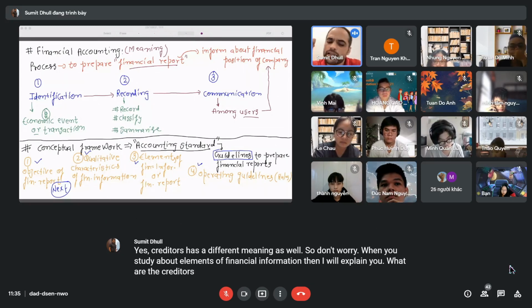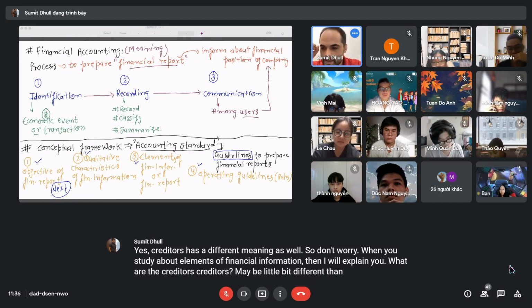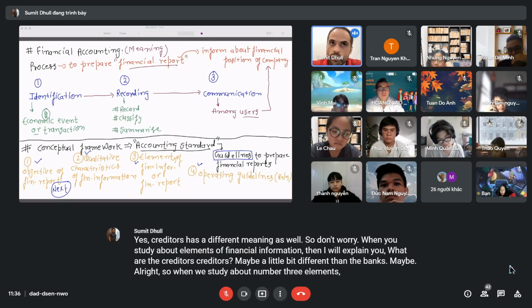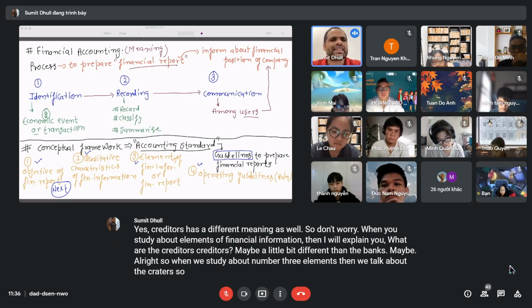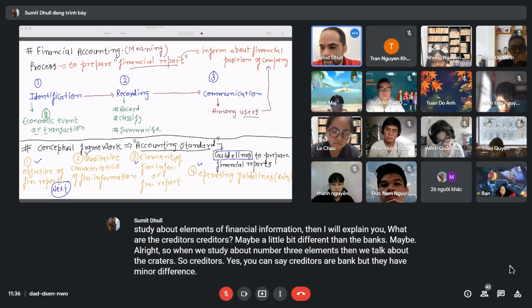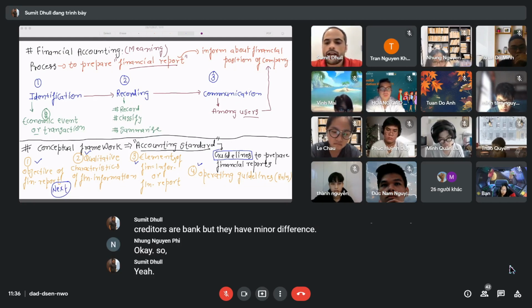Creditors may be a little bit different from the banks. When we study number 3, elements, then we talk about the creditors. You can say creditors are banks, but they have a minor difference. Okay. Any other question?